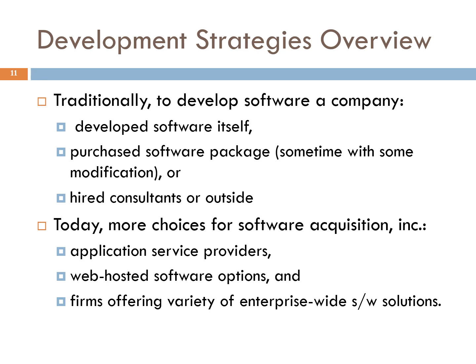In today's business environment, there are more choices for software acquisition or software development, and there are also application service providers. We will look into that later in this chapter. Web-hosted software option, and also firms offering a variety of enterprise-wide software solutions.